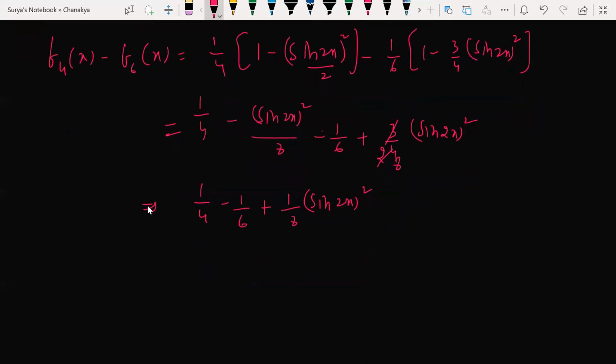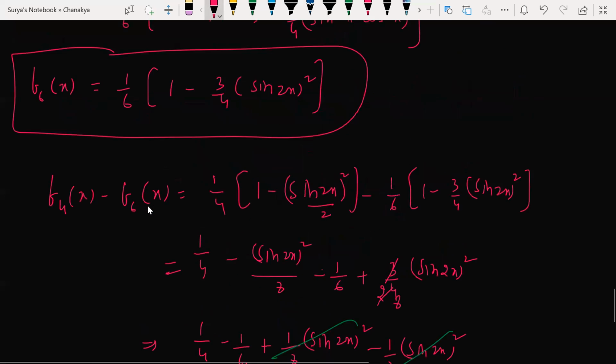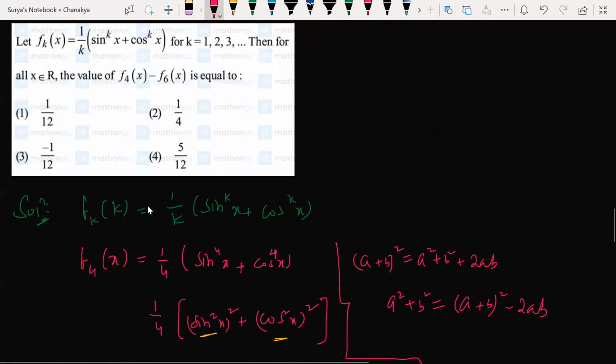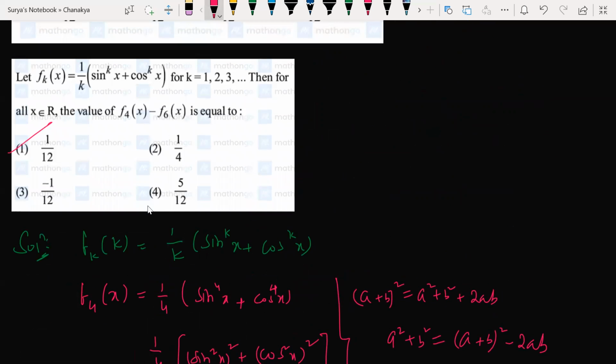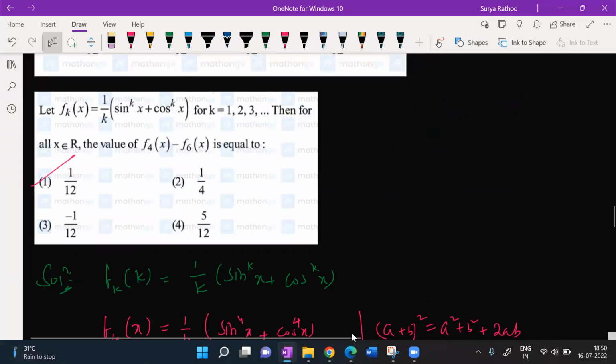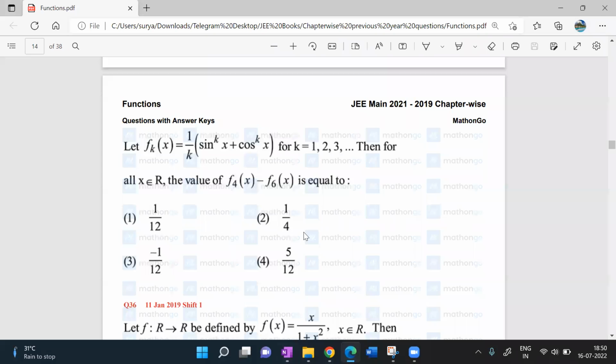So now 1 by 8, 1 by 8, yes, they will get cancelled. 1 by 8 times sin 2x whole square will get cancelled. So 1 by 6 minus 1 by 4, how much? So 12 LCM: 3 minus 2, so 1 by 12 is the answer. Option A is correct. Simple question only, but it takes time to solve the equations.